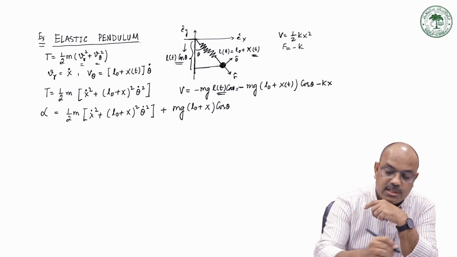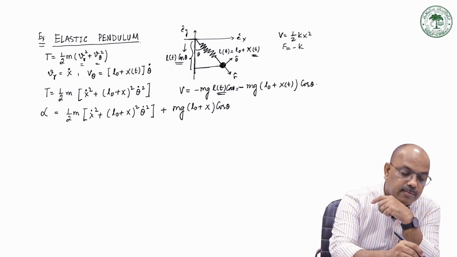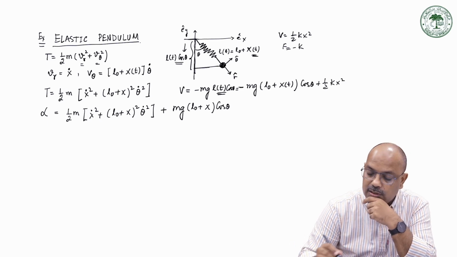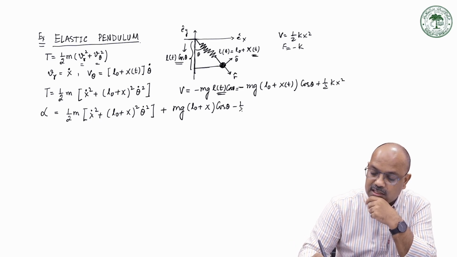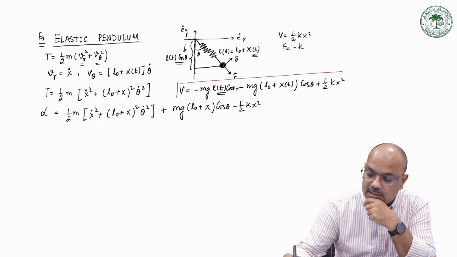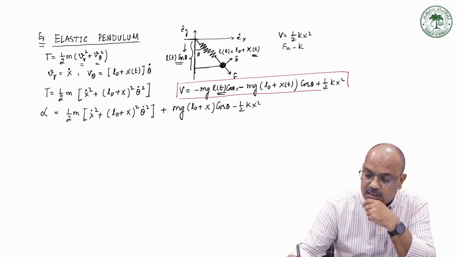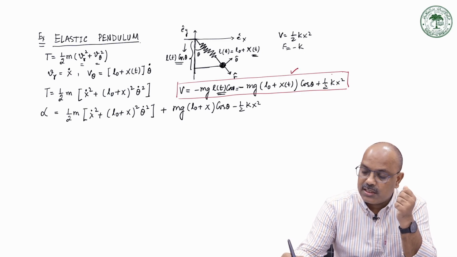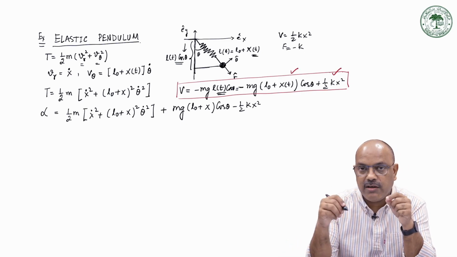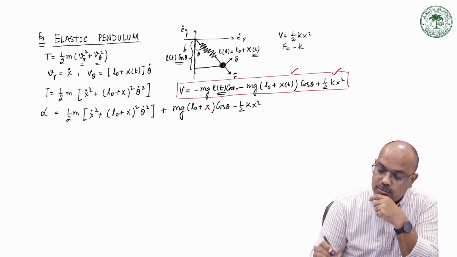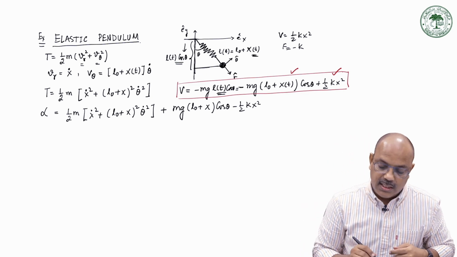So your potential here is going to be plus half kx square. So my total potential acting on this system is first the gravitational potential energy, and this half kx square because of the spring attached to it. So this is my total Lagrangian of the system.